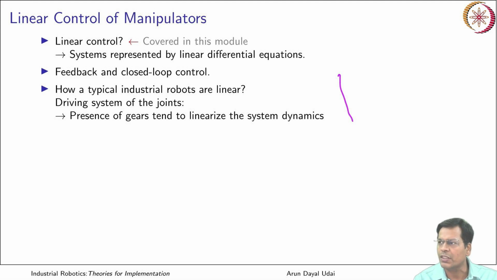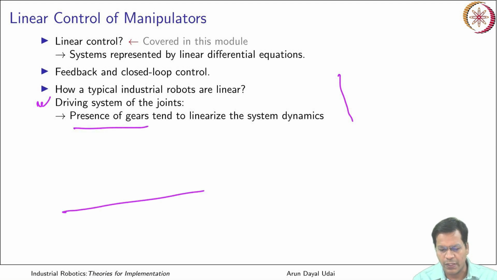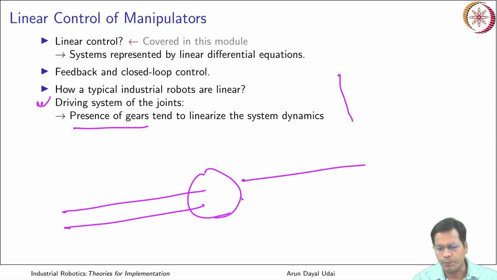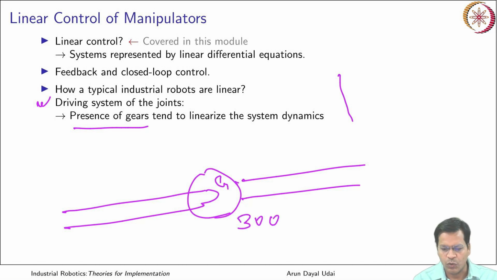So the driving system of these joints, they have a huge amount of gears. So first link, let's say you have, and then you have a gearbox, then comes your second link. So this is a gearbox which is here, and it can be 300 times gear reduction over here, in order to multiply the torque. So torque at the input is very less as compared to torque at the output.